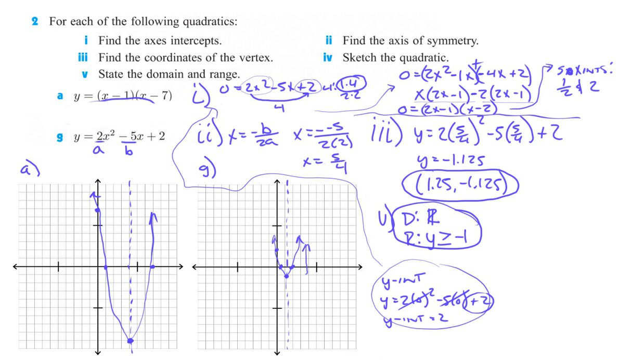All right. Last one to take a look at, number 3 here. Find the minimum value of this and the maximum value of that. So y equals x squared is a positive graph. So we're looking for this right here. Okay.